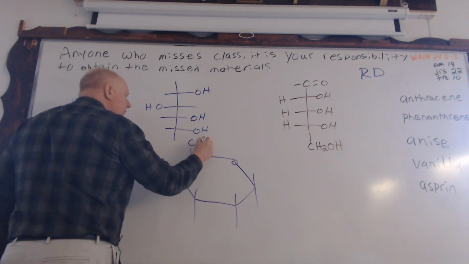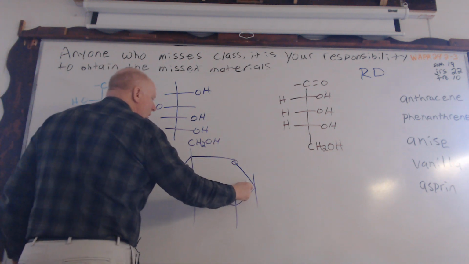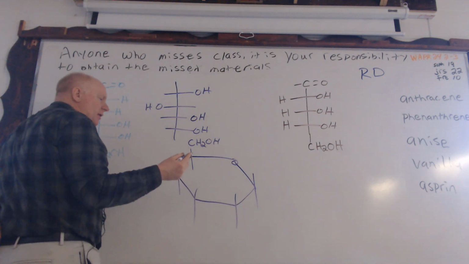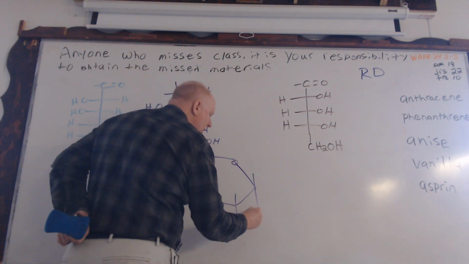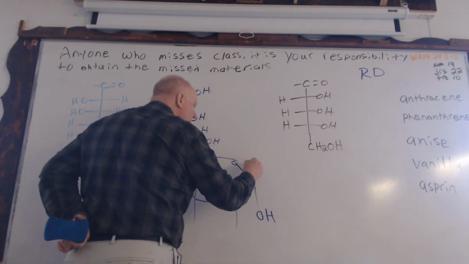so here's carbon number 6, okay? And here's carbon number 1. So yesterday we did alpha D glucose. That means this has to be down, okay?